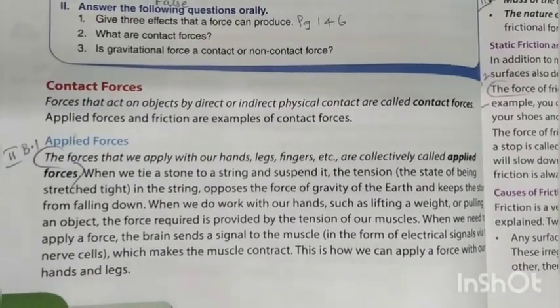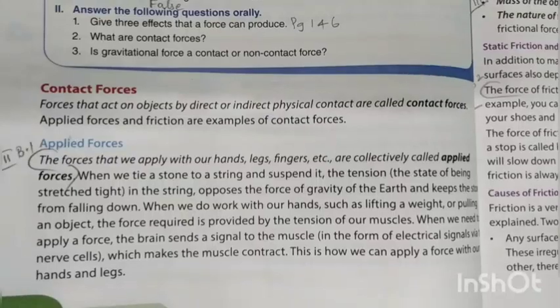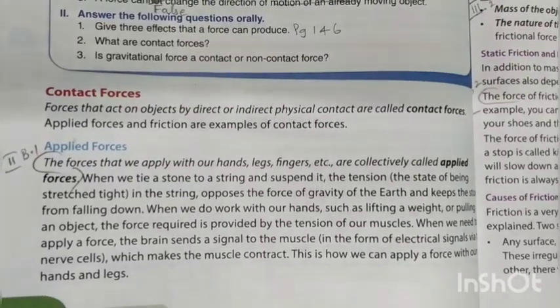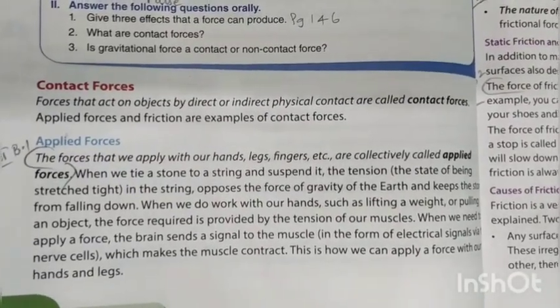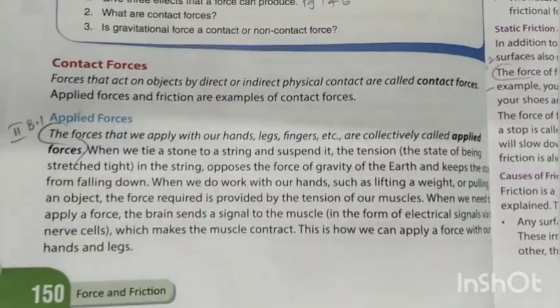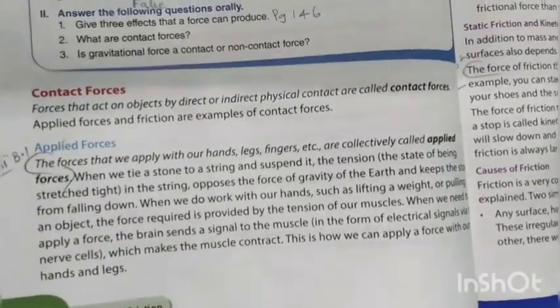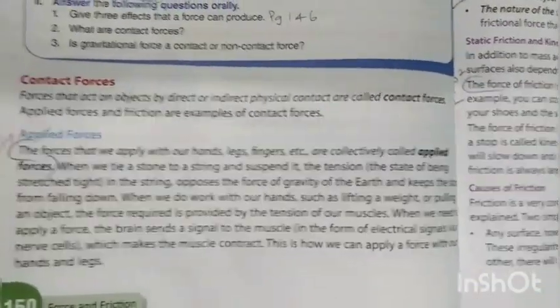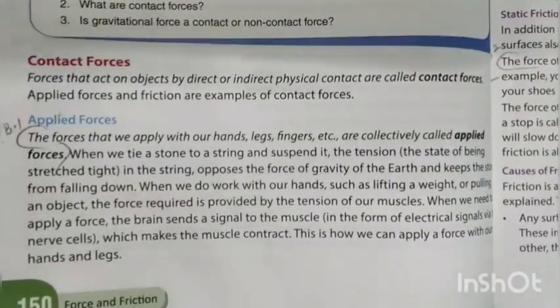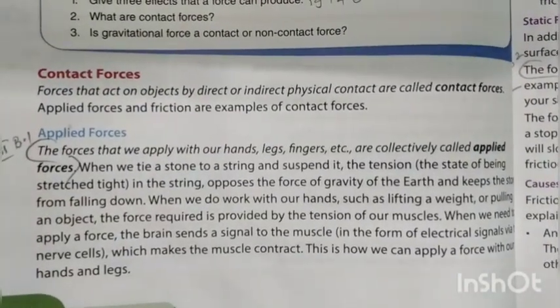So, when we do work with our hands, when we lift a box or when we lift a book bag, or pull an object, all the time the force required is provided by the tension of the muscles. So, due to our muscles only these works are done.